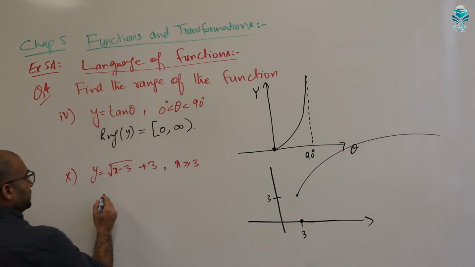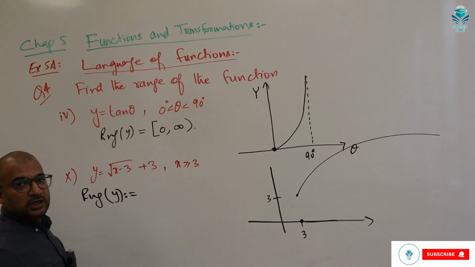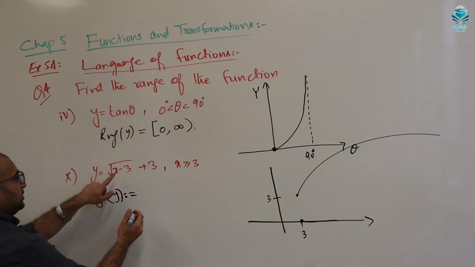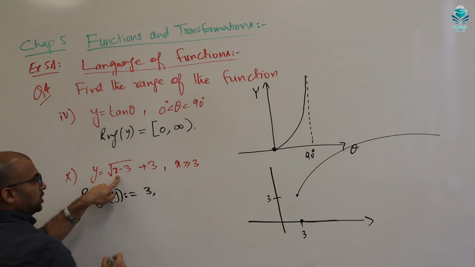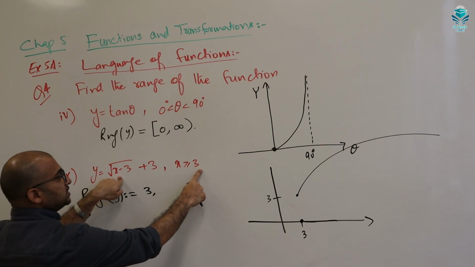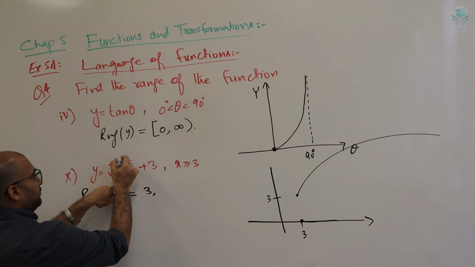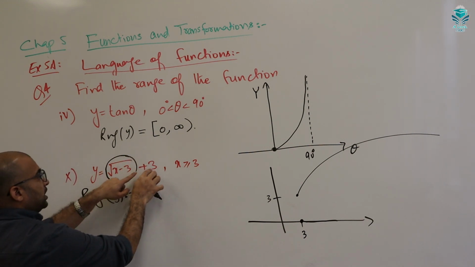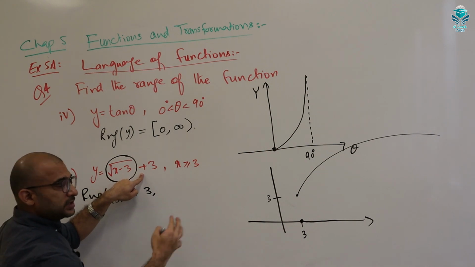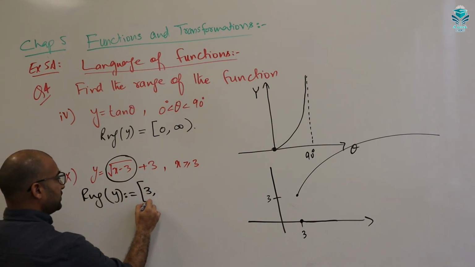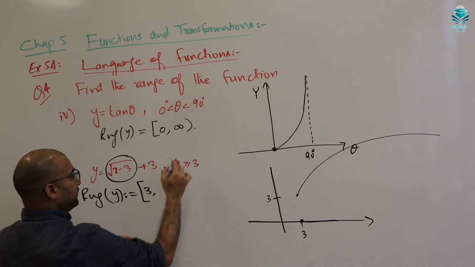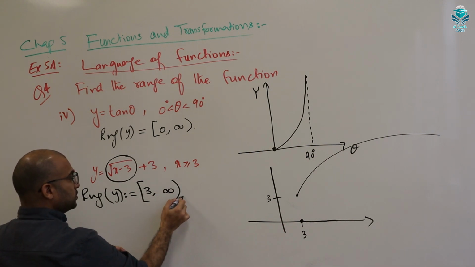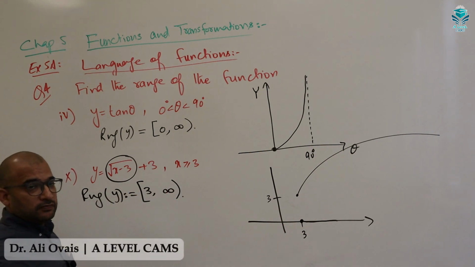From here you can see algebraically we can analyze the range of the given function. At x equal to 0, y is 3, which is the smallest one, and when you increase the value of x it will be positive and we have values more than 3, so 3 will be the least value. As x goes to infinity, y also goes to infinity. This is the range of the function.